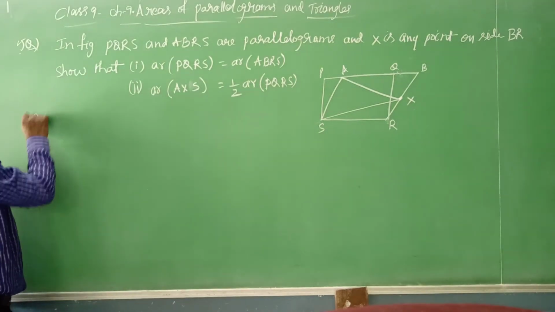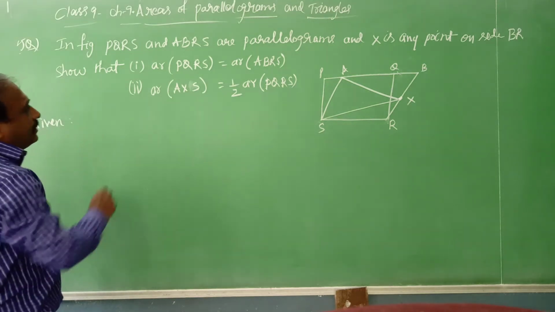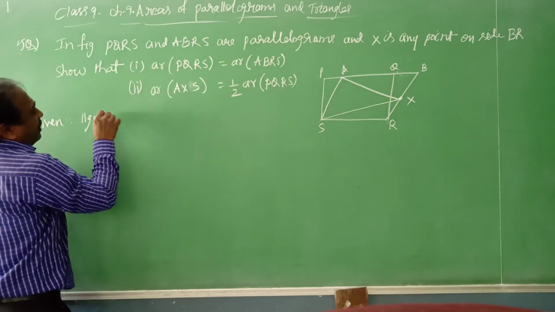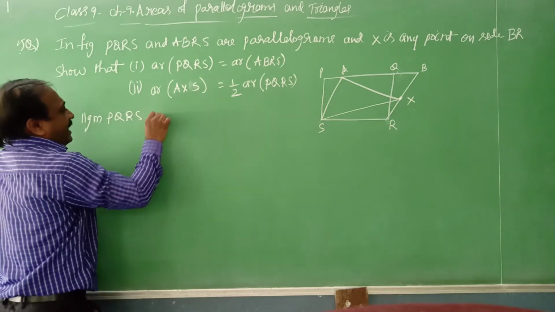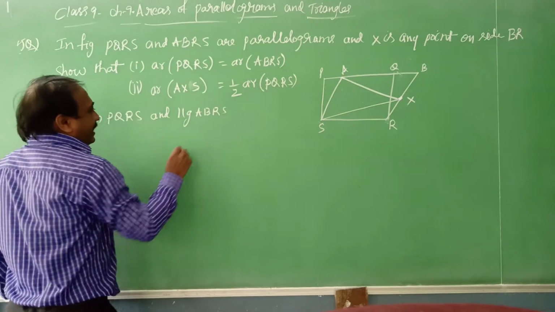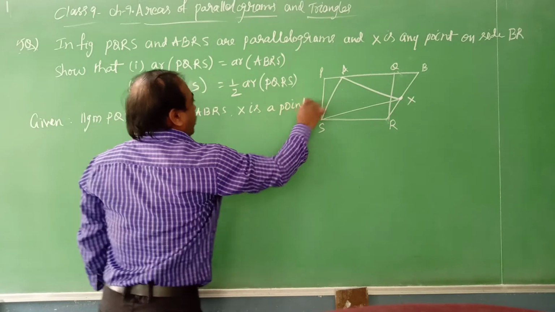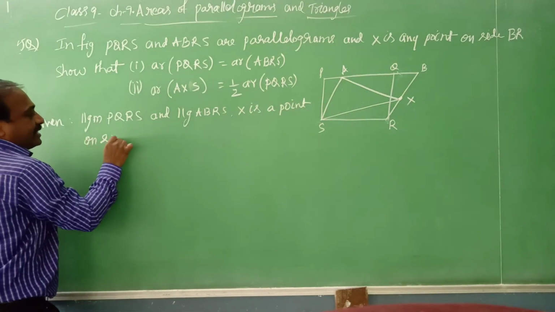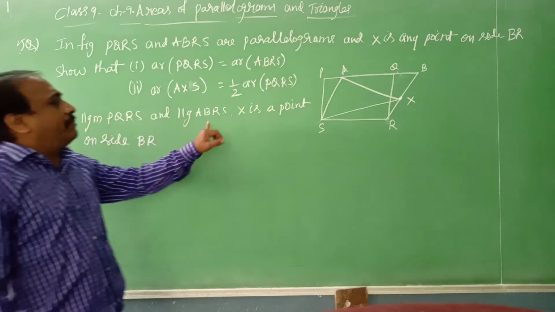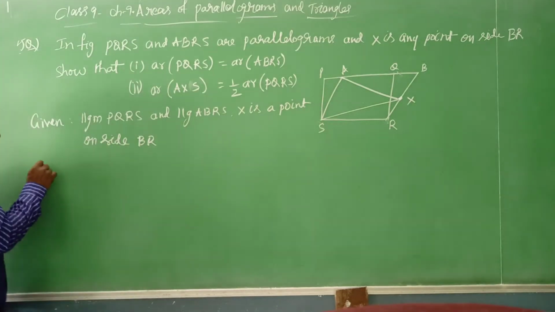So first, given: parallelogram PQRS and parallelogram ABRS, and X is a point on side BR. This is given. So what we have to prove?